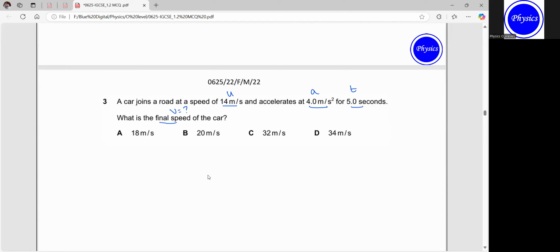Because acceleration is given, initial velocity is given, and time is given, we can use the formula for acceleration, which is A equals V minus U divided by T. I do not know V, so I'm going to substitute all the other values. So A is 4 meters per second squared, which is equal to V minus U, 14 meters per second, divided by 5 seconds.